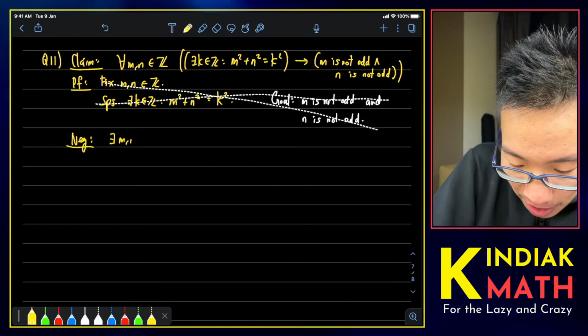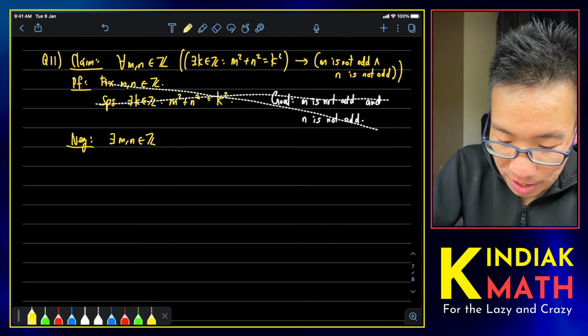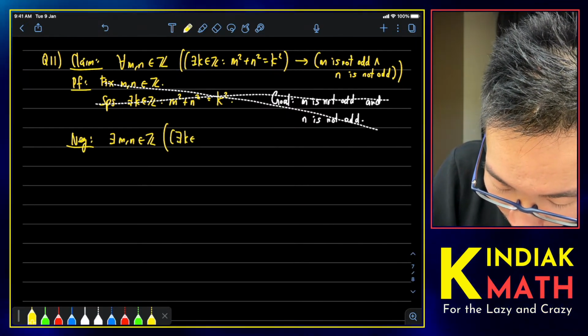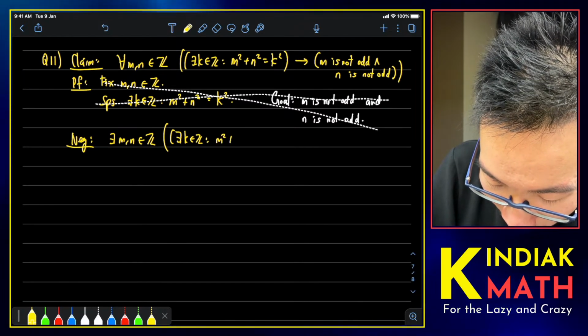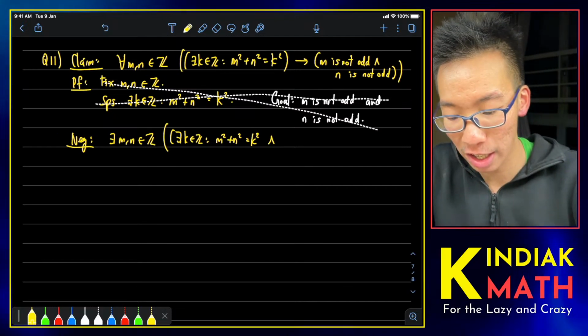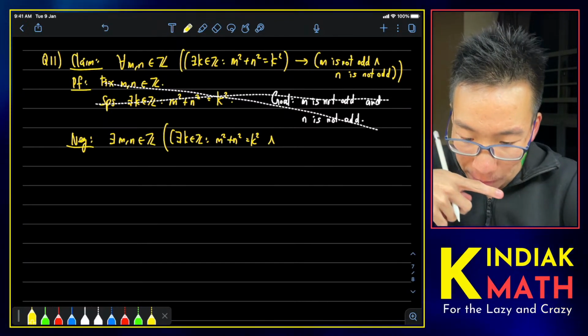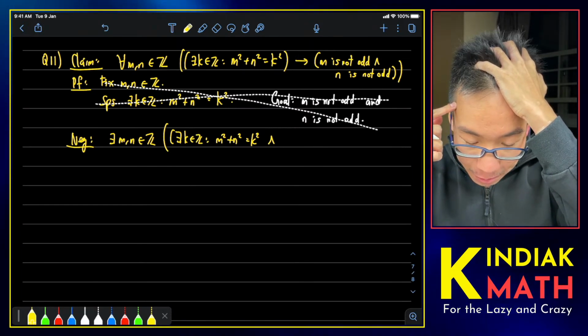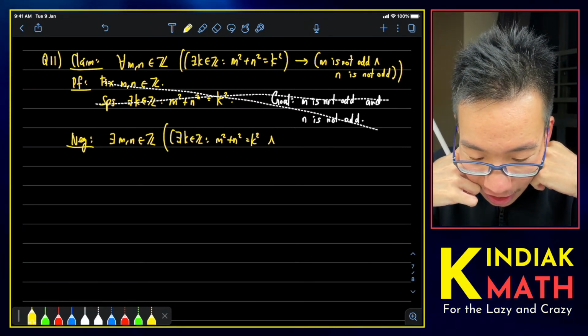there exists m, n in Z such that the negation of this is true. In other words, P and not Q. Sorry, I wrote the statement wrongly.